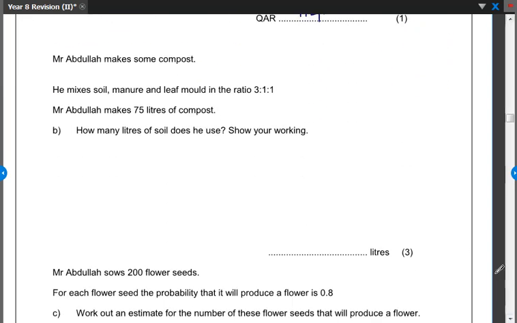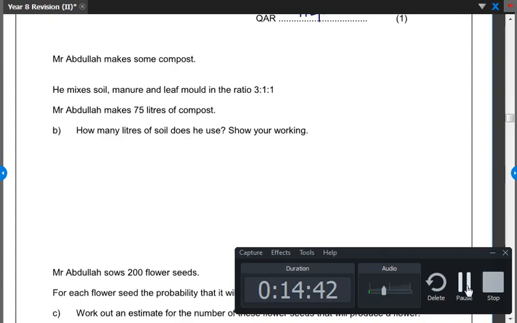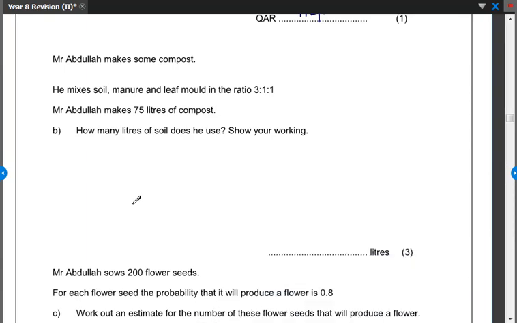Mr. Abdullah again makes some compost, and he makes 75 liters of it in the ratio 3:1:1. That's soil, manure, and leaves.